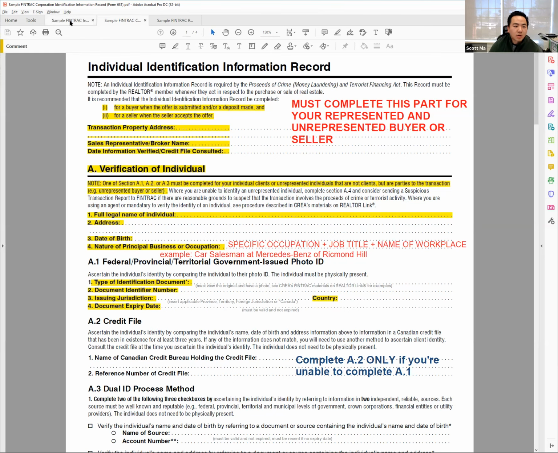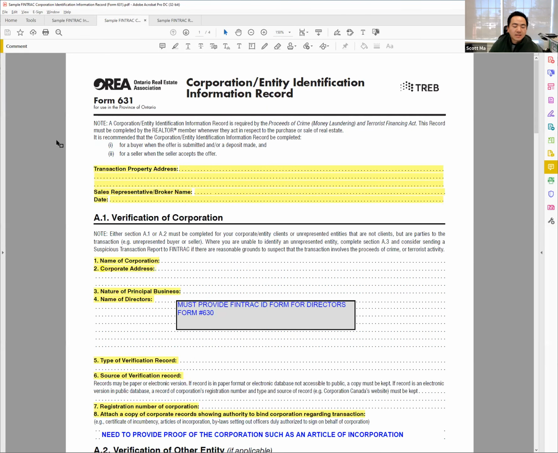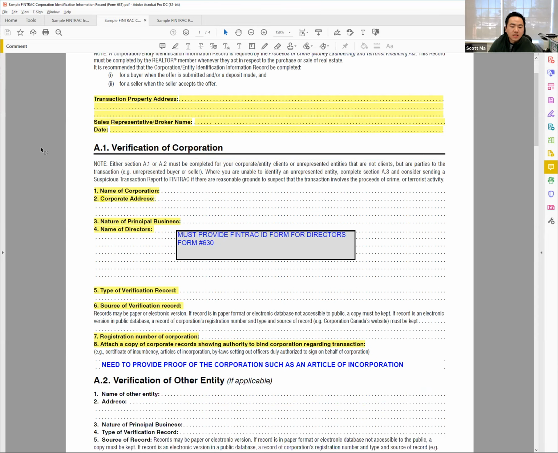The corporate ID record is form 631. And it's very similar to the individual ID record, with the exception that obviously with a corporation, there are directors and officers. So whoever is signing the offer or the listing agreement, that individual, you need to complete the ID record for.